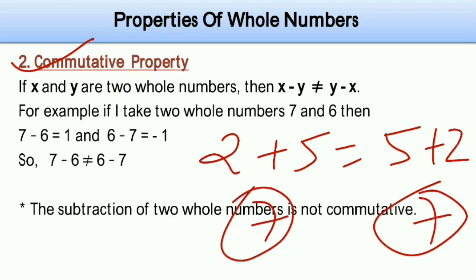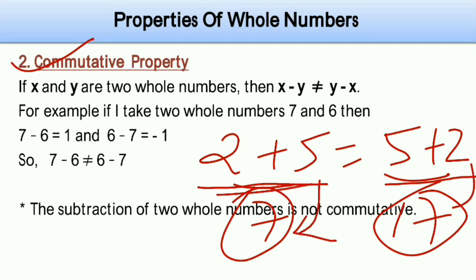The sum remains the same. Even though we have interchanged the position of the numbers, there is no effect on the result. So whole numbers are commutative under addition.